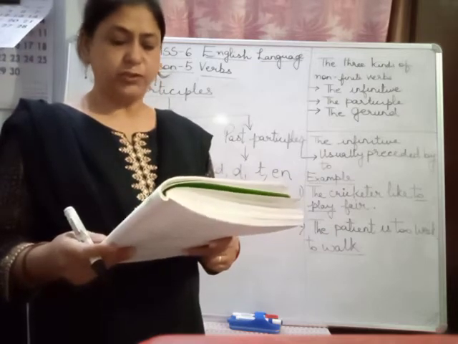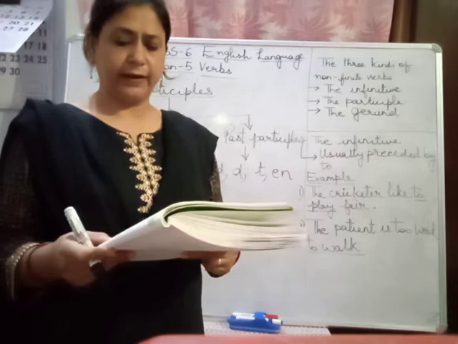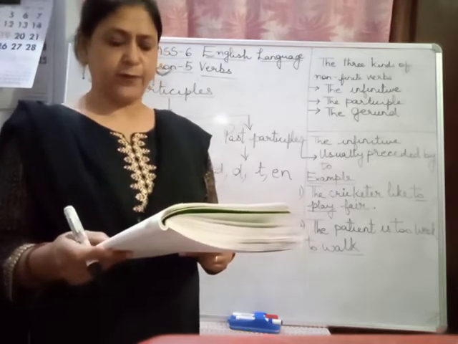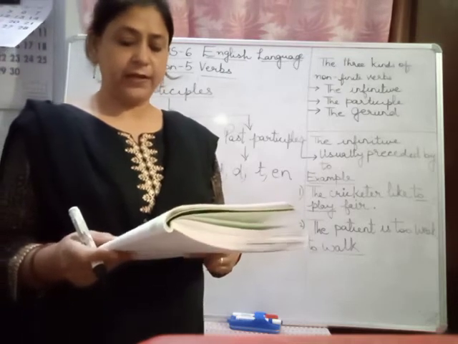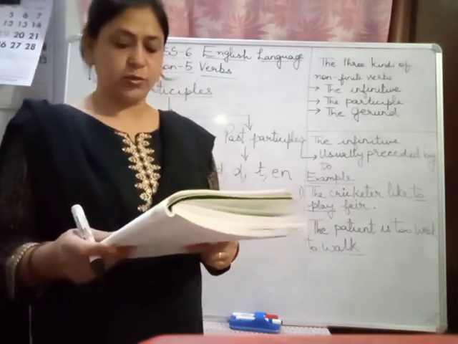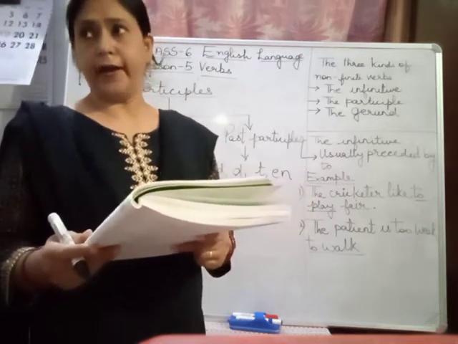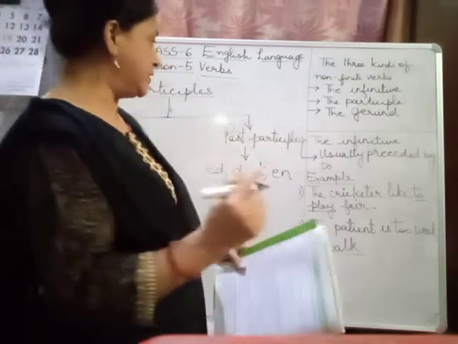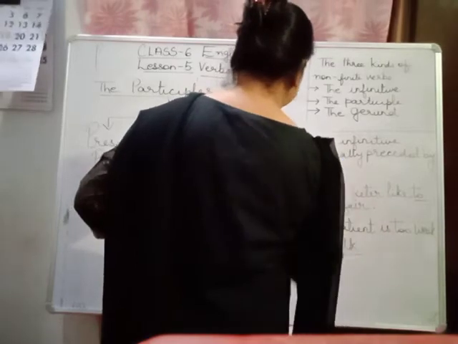Then we have gerunds. A gerund is a non-finite word with an ing ending. It works like a noun in a sentence. For example, walking is good exercise. Painting is his hobby. The students were tired of writing. Ending with ing. So, gerunds are what children? Ending with ing.